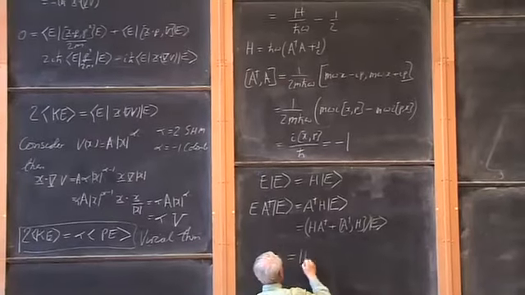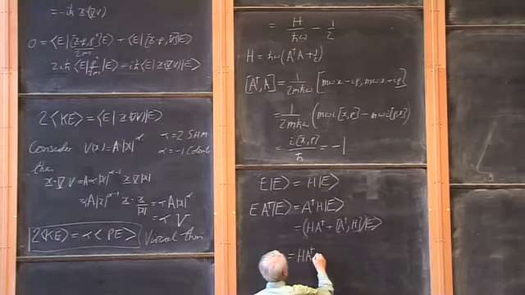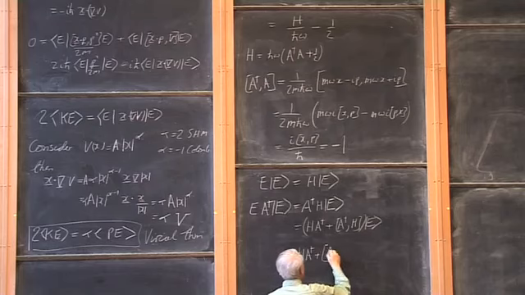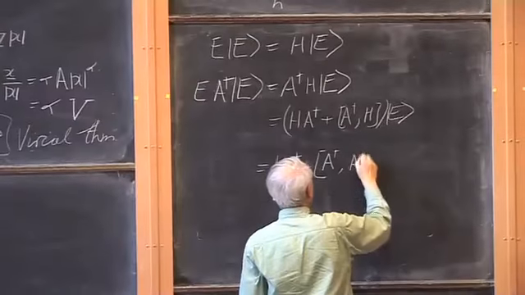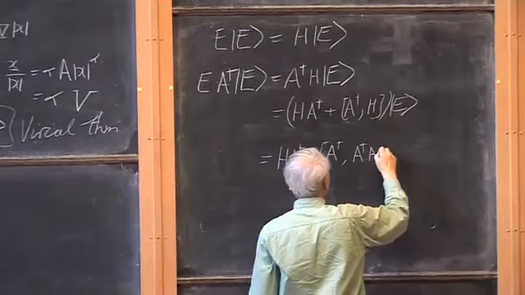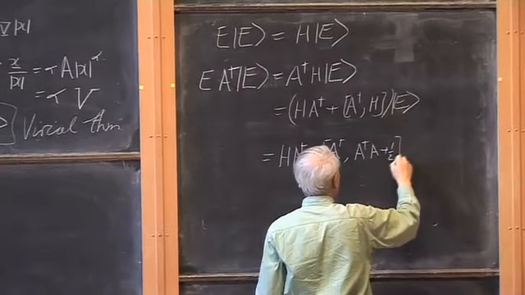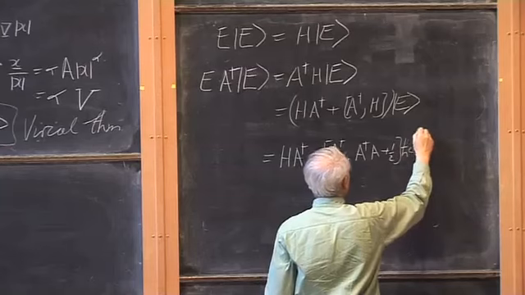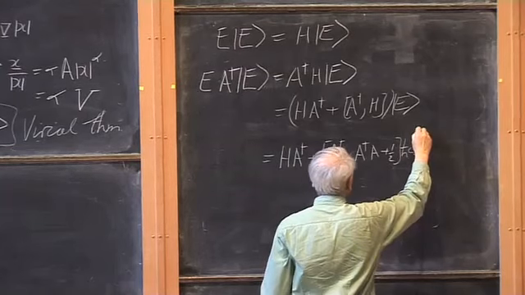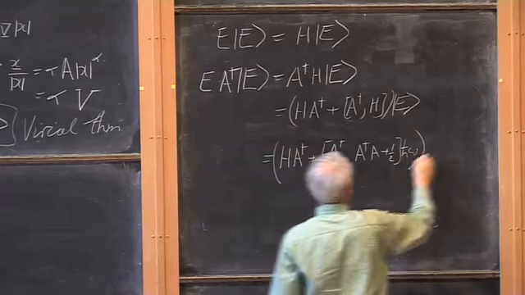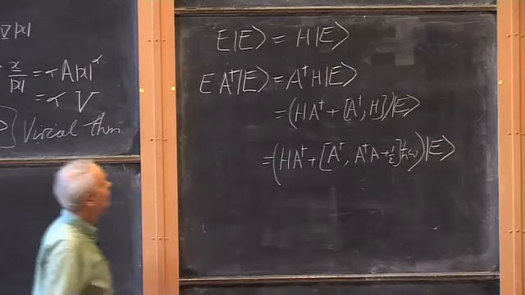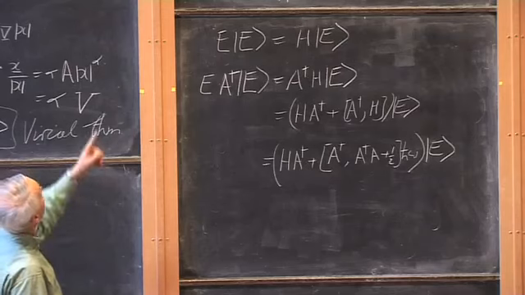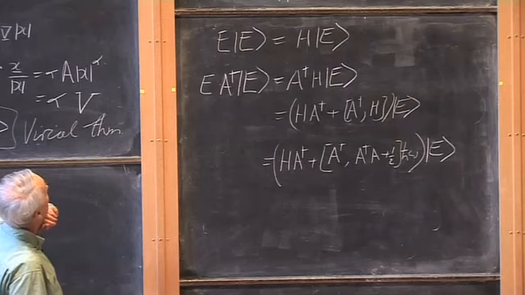So this is H a dagger plus the commutator of a dagger and H, which turns out to be (a dagger a plus a half), close brackets, h bar omega to carry the dimensions, close that, and stick in our |E> that we first thought of. So all I have done is replace H by an expression we already derived.